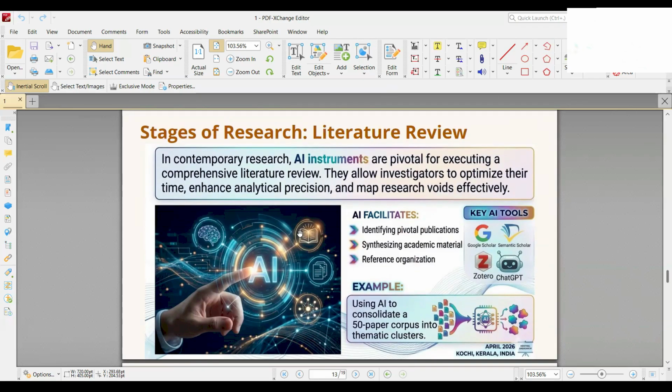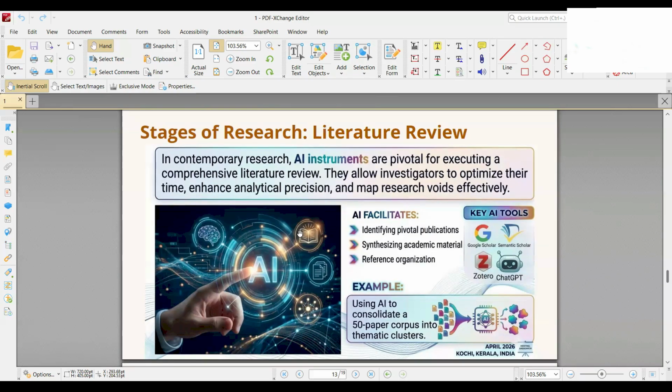Stages of research: the literature review part. We realize how much our literature review workflow has evolved. I really like how they break down the process of using modern AI instruments to make our work so much more efficient.